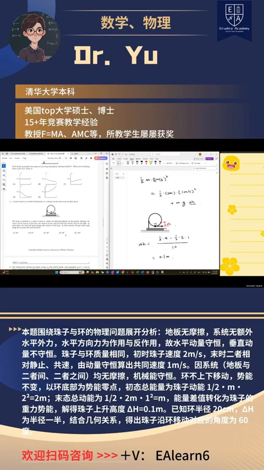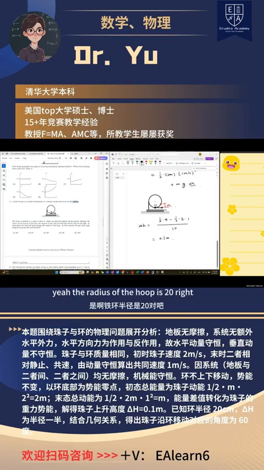Is there any place that gives the radius of the hoop? I'm trying to look. Okay, over here. Yeah, the radius of the hoop is 20 centimeters.